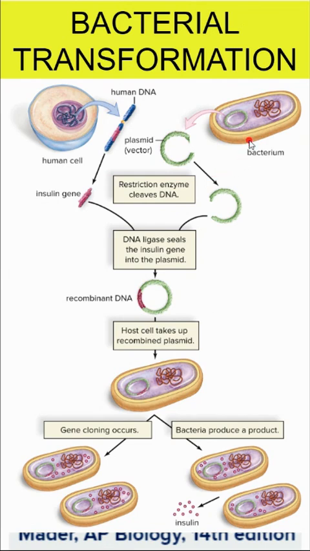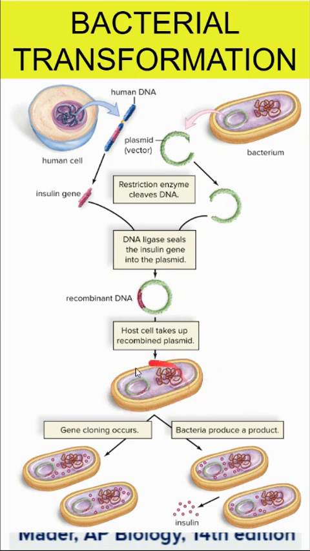We can take a plasmid from a bacteria, cut it with restriction enzymes, and then we have ligase which ties in the DNA, and we can cut and take out an insulin gene from a human, put it into bacterial DNA, have that recombine and make recombinant DNA, and then it can get taken up through transformation back into the bacteria, and then we can make copies and have gene cloning.